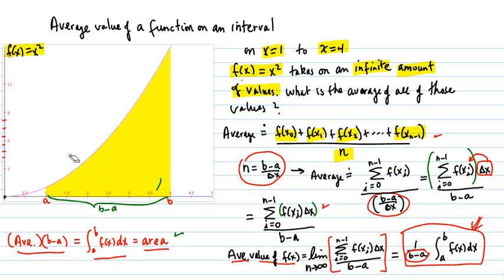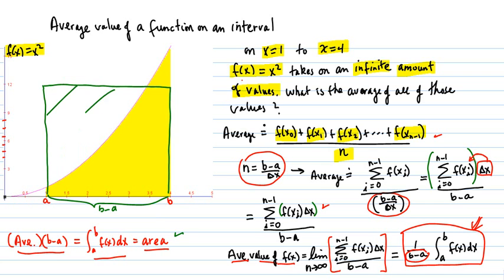Then let's say you thought it was 12. Let's say you thought the average value was 12. The average value times b minus a has to be the area under the curve. So the average value times b minus a is represented by a rectangle. So if you thought it was 12 for the average value, that'd be this rectangle.